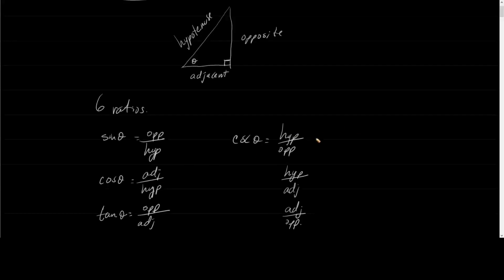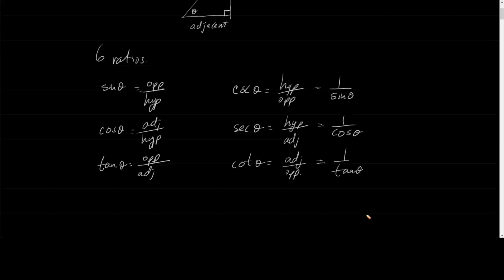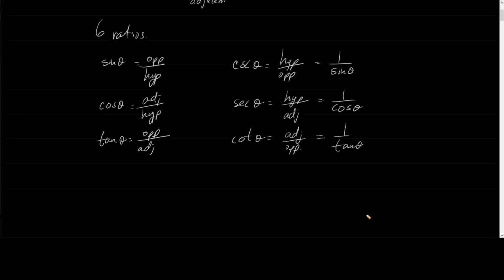We also have the reciprocal of cosine, which is called secant. And we also have cotangent, which is the reciprocal of tangent. So that would be 1 over tangent. So those are the 6 possible ratios, all right? And each one of these ratios is what we like to call the trigonometric functions, all right?